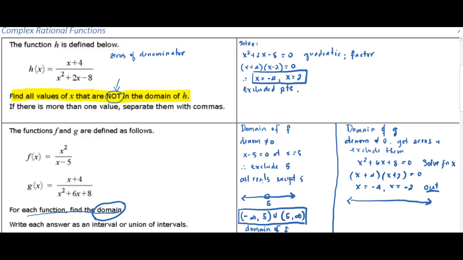We draw the number line and exclude these points. We then translate them into intervals, 3 intervals: minus infinity to minus 4, minus 4 to minus 2, and minus 2 to infinity. And this is the domain of the function g.